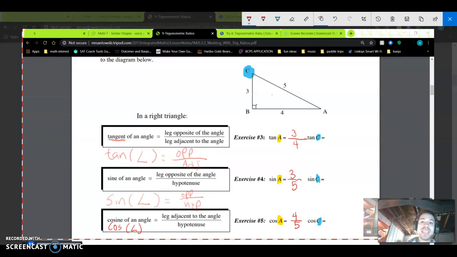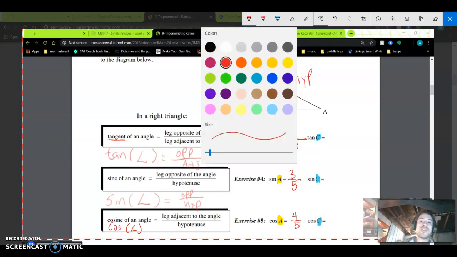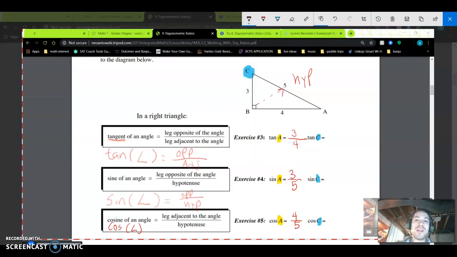Now the nice thing is the hypotenuse is going to stay the same. That makes sense because the right angle didn't move. This will always be the hypotenuse. What is going to change is our opposite side. Notice the opposite side of C is not this side here. The opposite side is the one furthest away.